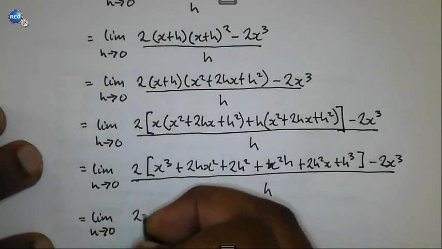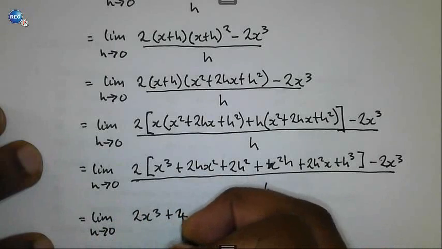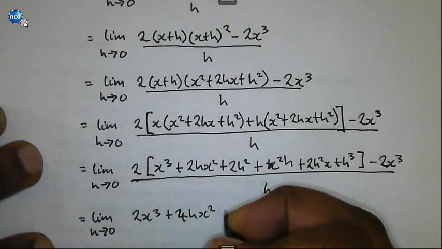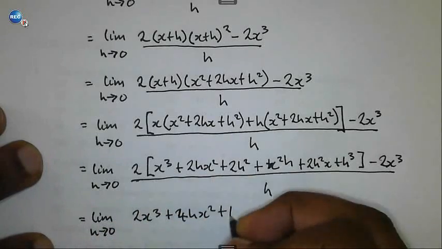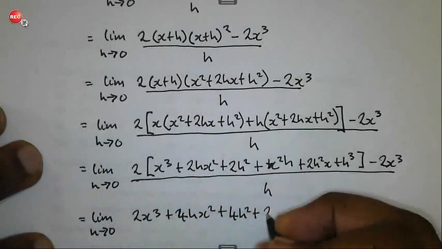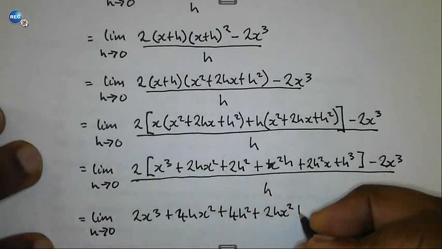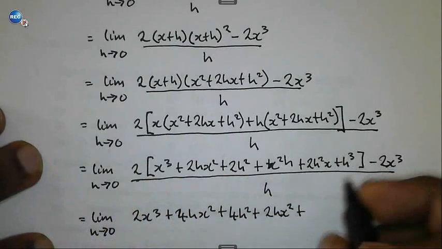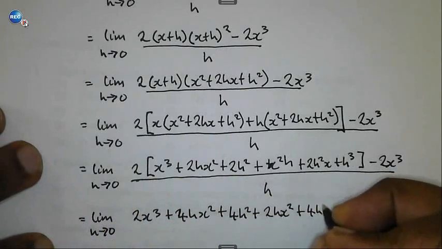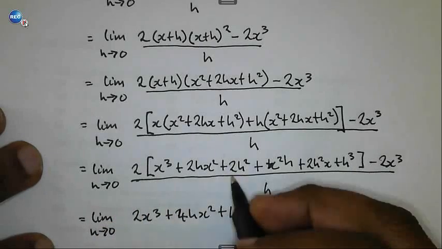So this is 2x to the power of 3 plus 4hx squared plus 4h squared x, plus 2hx squared, same difference, plus 4h squared x. Wait, is this not 4?